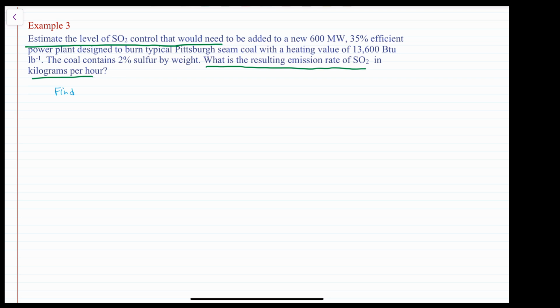So we find the uncontrolled emission rate in the units of pounds per million BTUs. And we know the formula: the UER is equal to the emission factor divided by the heating value.